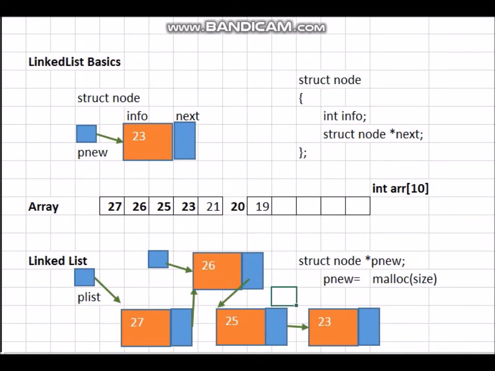There is no need to shift everything. Especially when there are some 50-60 numbers and you have to insert the number into the middle of the array, it can become quite cumbersome. And in case we want to insert in the middle of a linked list, it is much more convenient. So essentially, two advantages we straight away see. One is the ability to have dynamic memory allocation in a linked list, and the second is that insertions may be smarter and faster when we use a linked list.